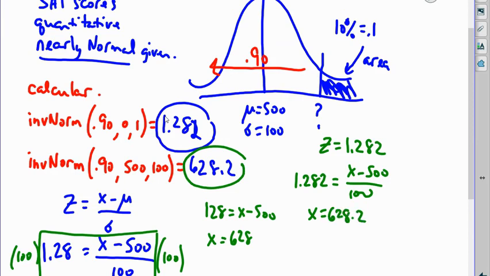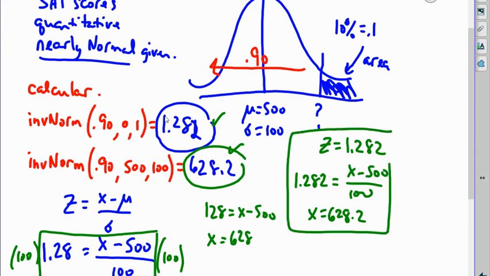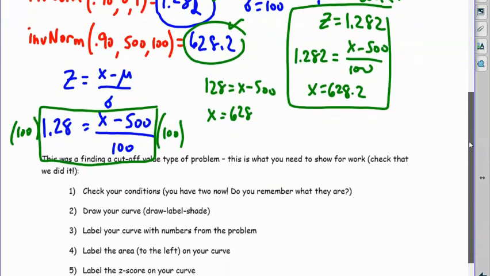So that way it avoids calculation errors if you just use the calculator to get the two numbers, but this being the work that you're writing out to support your answer. Seems kind of hokey, I know, but I like to get 5s and they want to see some work.